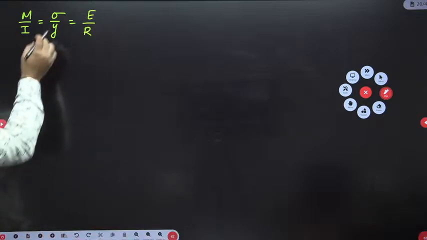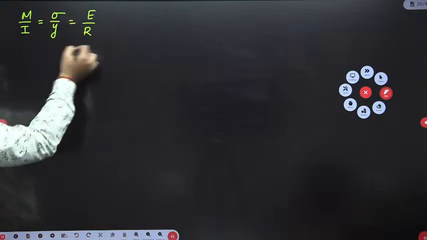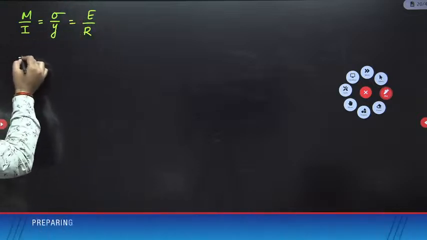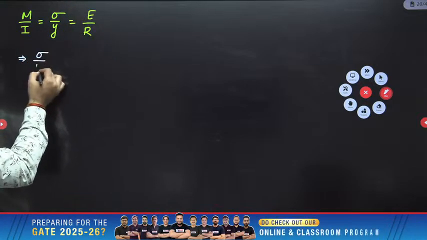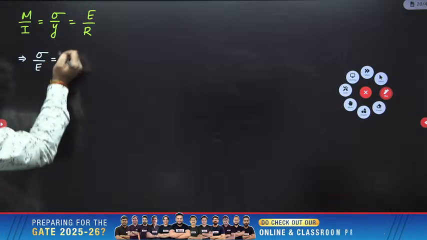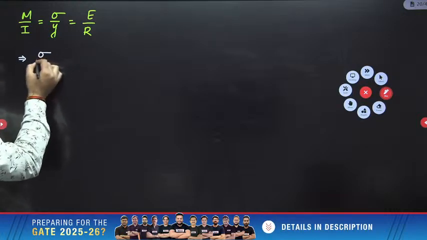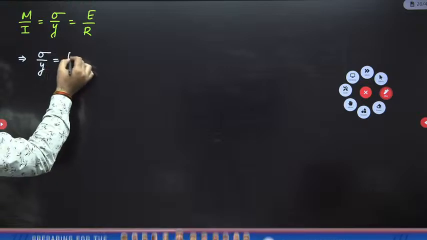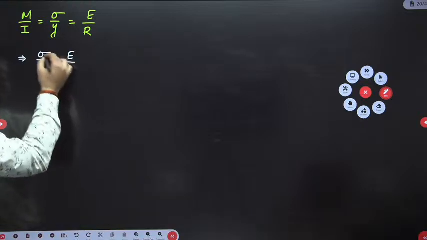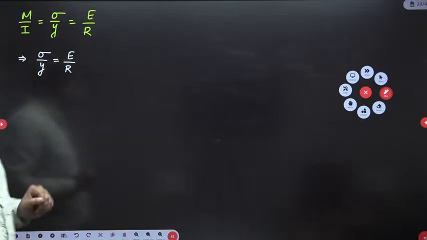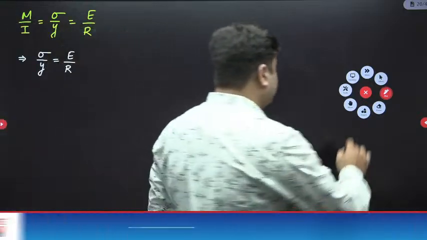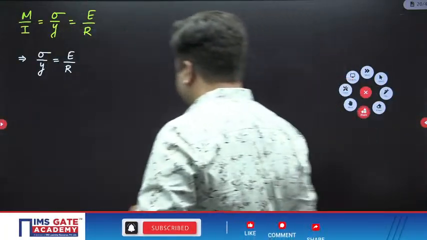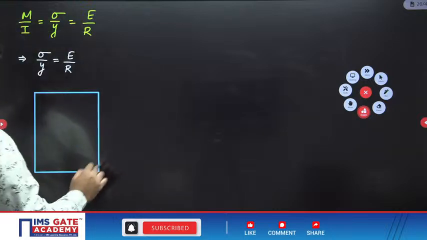Okay sir. But if I use this relation, sigma upon y is equal to E upon R, do I know the value of sigma? Do I know the value of E? I don't know the value of sigma, I don't know the value of E. But in this question, one very interesting fact is given to you.